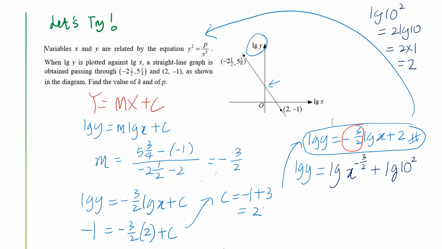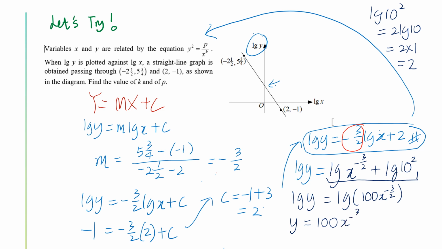Why do I want to do that? So that I can apply my product law here, which I will get log y equals log 10 squared, which is 100, times x to the power negative 3 over 2. And since I have a log on both sides, I can just remove the log. So I will end up having y equals 100 times x to the power negative 3 over 2.